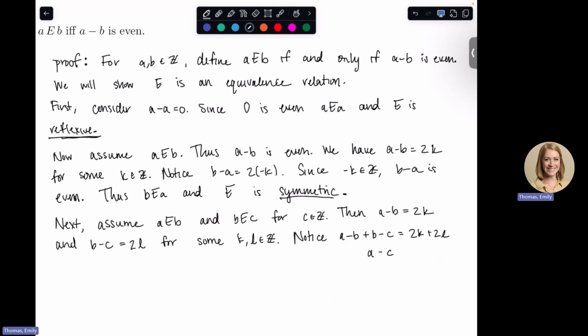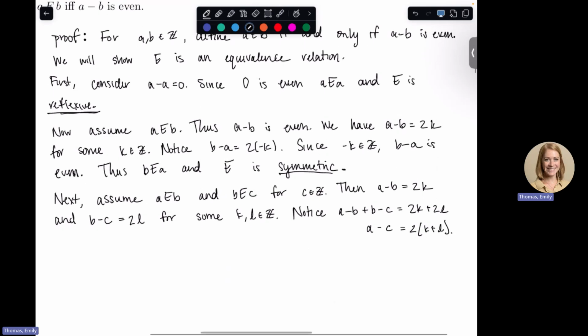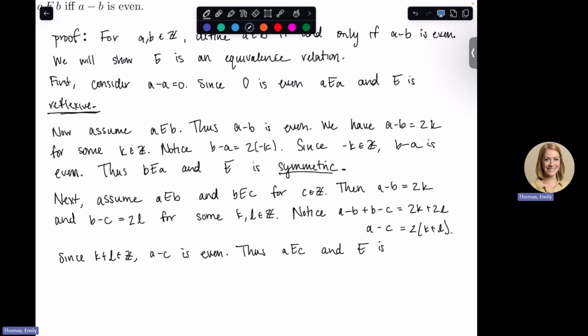This is A minus C is equal to 2 times K plus L. Since K plus L is an integer, A minus C is even. Thus, A is related to C and this relation E is transitive.